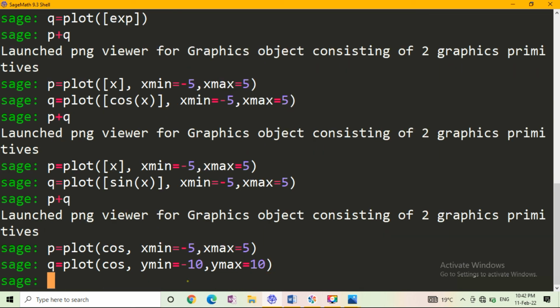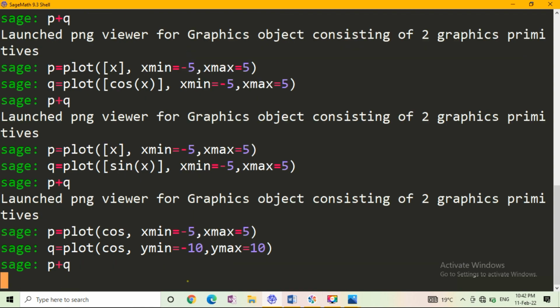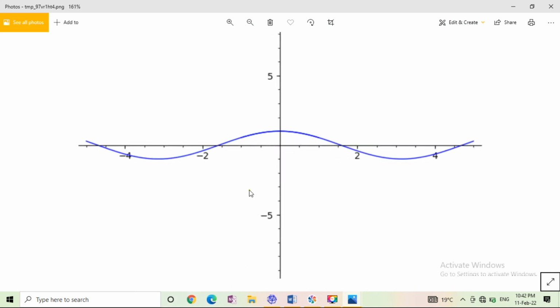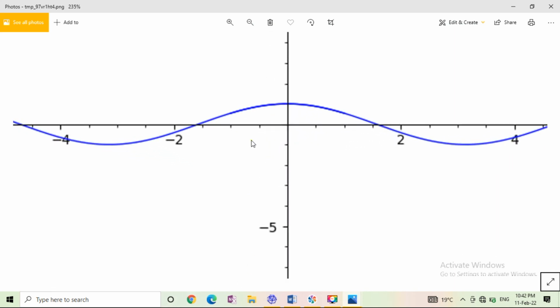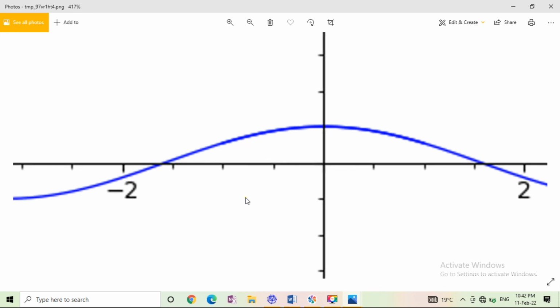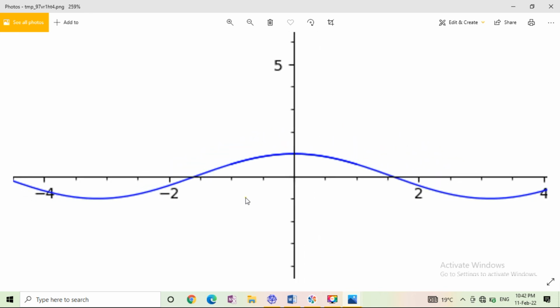After that you press enter, you write p plus q and again press enter and look at the graph. If you see the graph, these two graphs coincide, because cos y is equal to cos x, and the general value of y is 2n pi plus or minus x, so that function becomes coincident with cos x.